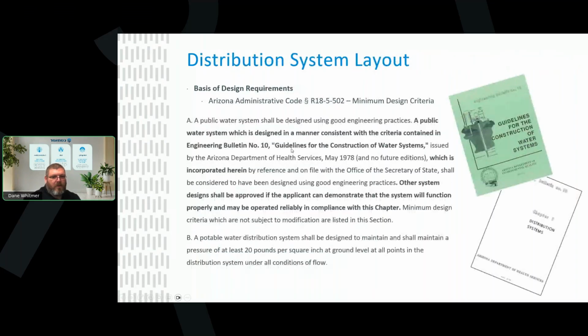In Arizona, the basis of design requirements is outlined in our manual, or let's see, what do we call these? The Engineering Bulletin number 10, written in 1978, 1979. I'm waiting for a new edition any time now. But in there, it's dictated by code that we use this engineering bulletin to design for.